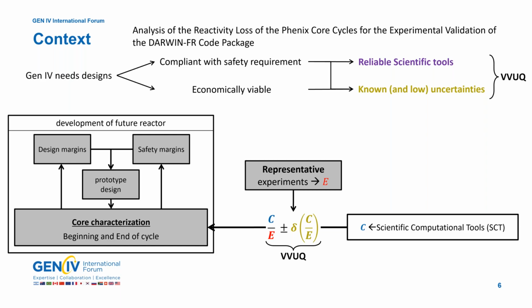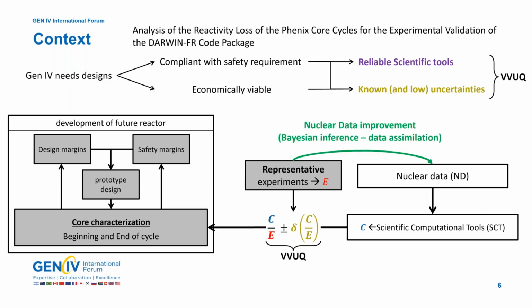And for that, you need to compare the results of your computational tools with a representative experiment for every phenomenon inside the reactor. And in this project, we want to go further. We want to use the experimental value to improve the nuclear data, which is called data assimilation.